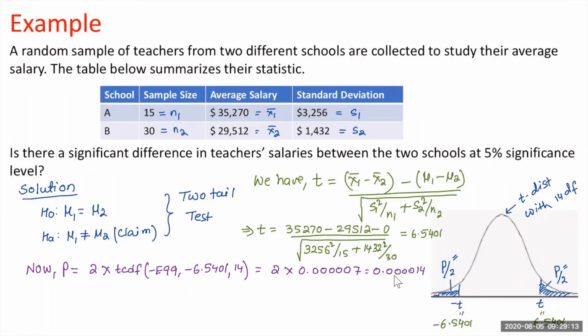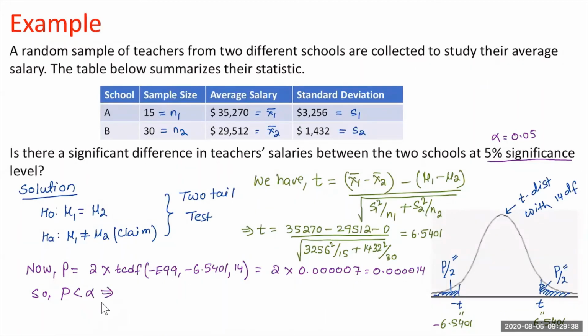And you know that in the hypothesis testing, we compare this p value with the significance level. Here we are looking at 5% significance level, meaning alpha equal to 0.05. So if you compare, you'll see that your p is less than alpha. And you know that if p is less than alpha, we reject the null hypothesis.